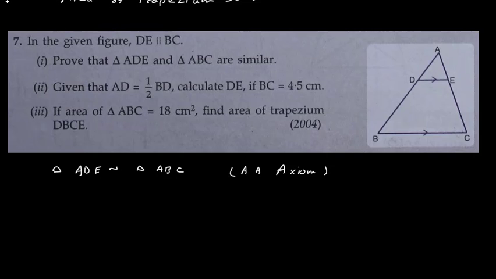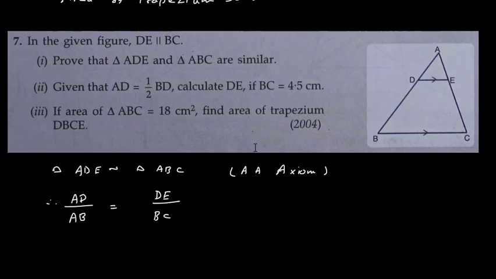Second part is that you have to calculate DE. Now the triangles are similar, so the ratio of their corresponding sides are going to be equal. So that means AD upon AB will be equal to DE upon BC.